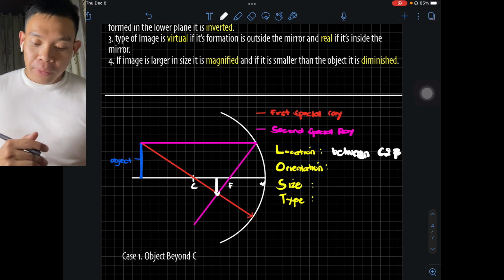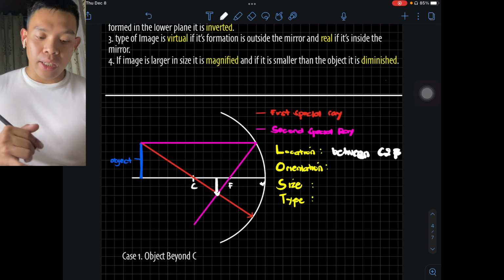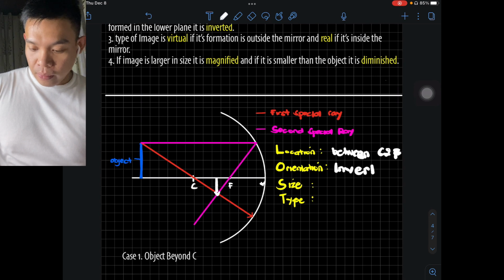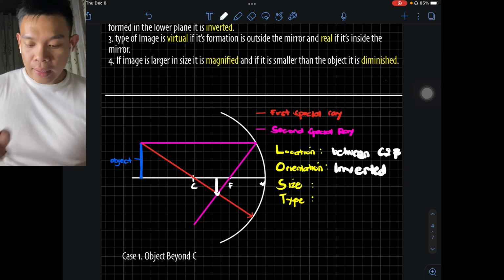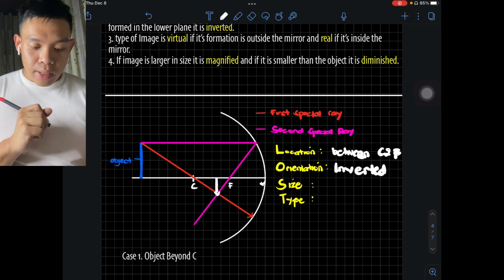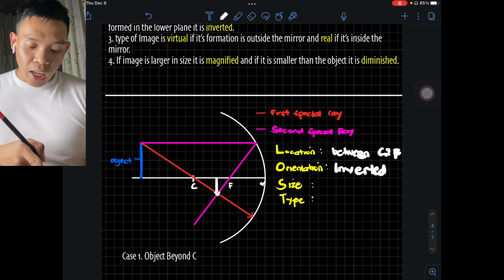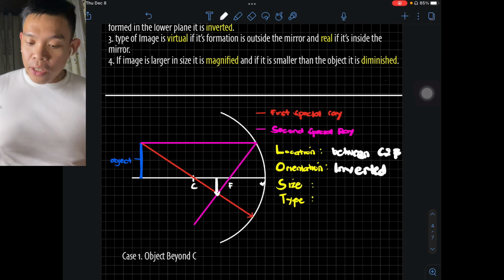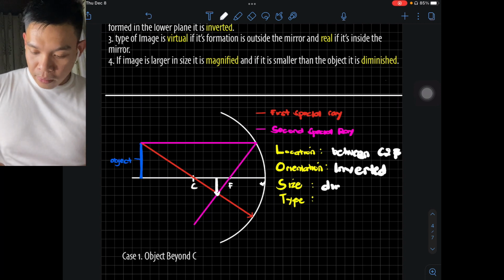Then thereafter, the orientation of the image is inverted. Now, the size of the image: the object is larger than the image and the image becomes smaller. Then thereafter, the image is diminished.